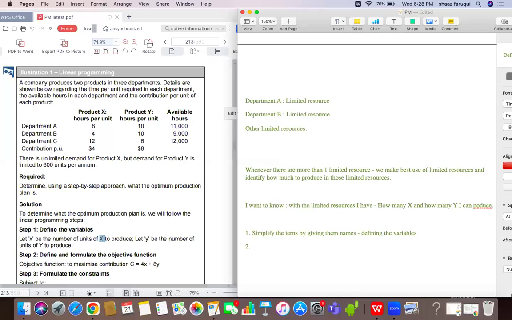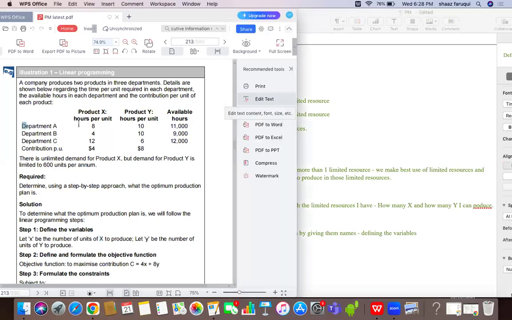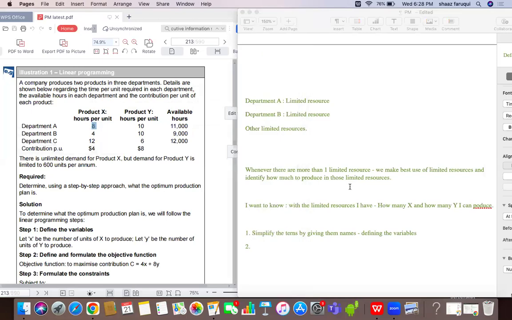What is the second step? See, again, we're trying to make your life easy. Just look at department A. Each unit in department A, to make 1x, just follow my cursor and look at what I'm highlighting. To make 1x, it will take 8 hours.